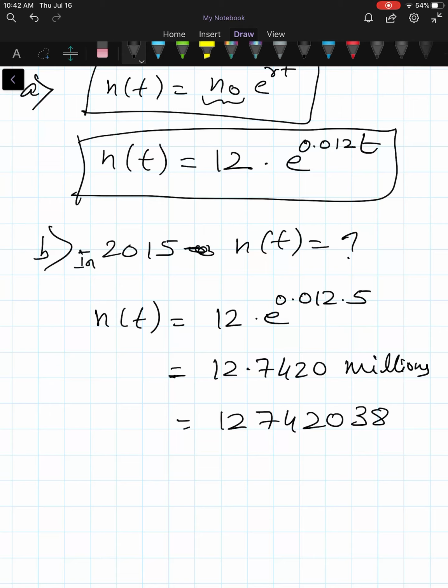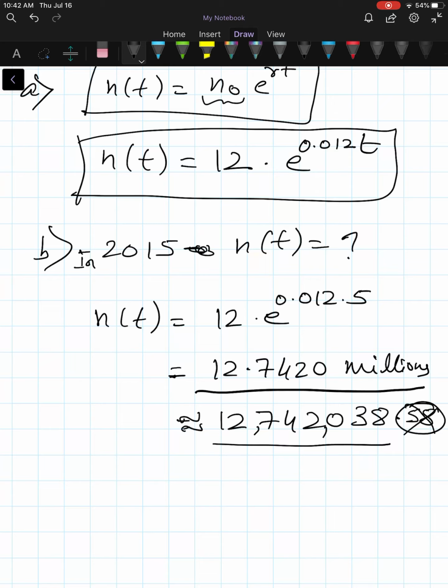That would be 12,742,038, plus 0.58, but this should not be considered because the number of fish cannot be in decimals. So approximately as a whole number, it would be 12,742,038, correct?